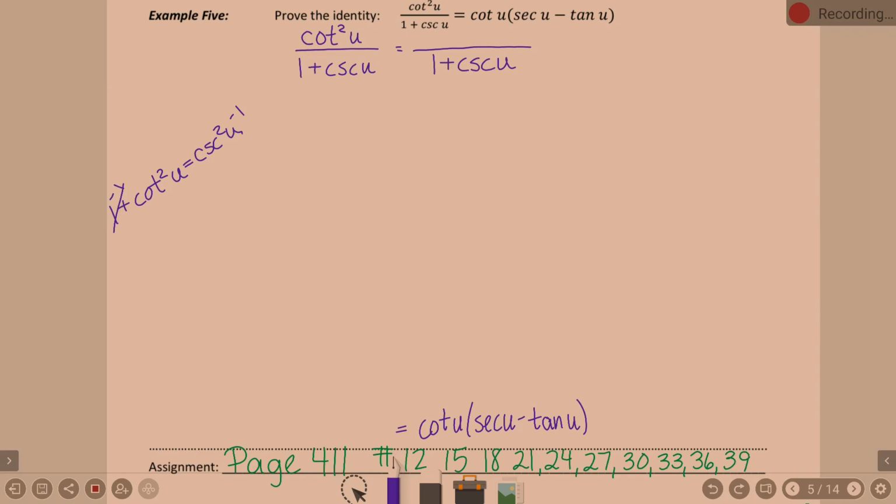So let's try this. Cosecant squared u minus 1 is my new numerator. What could I do with that numerator? You can factor it. Does it equal cosecant u plus 1 times cosecant u minus 1?